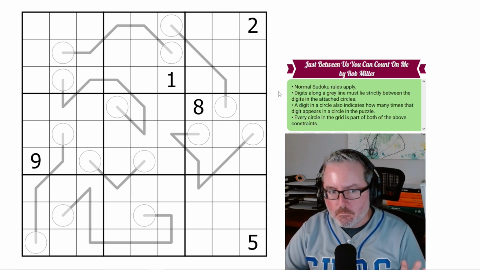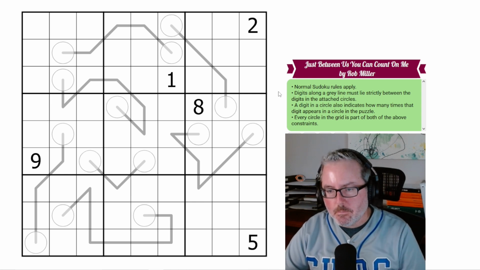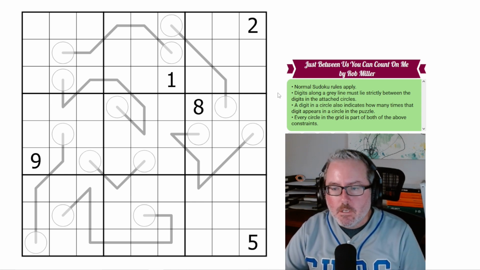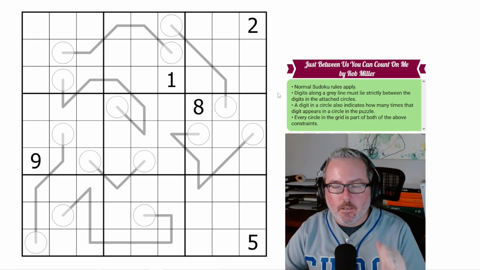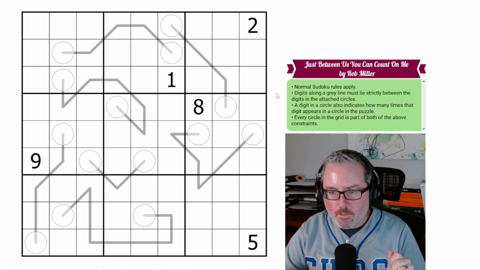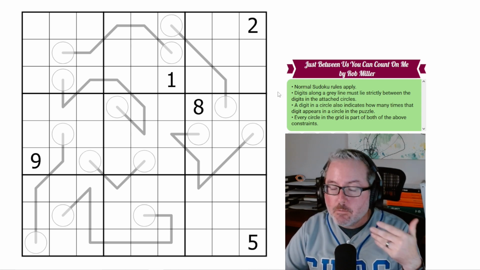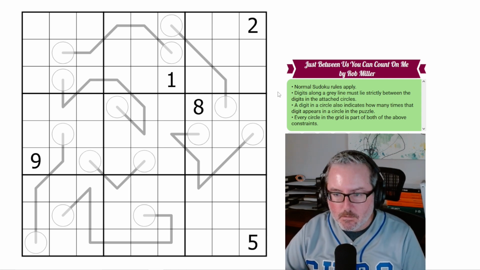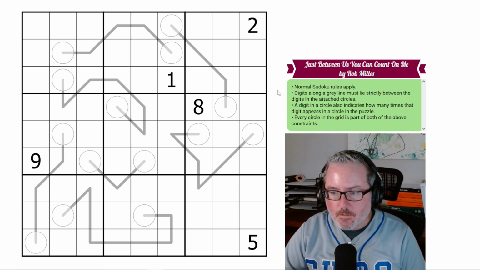I don't like to discount a written rule. It's usually why you'll see in any of my videos when I write out the rules in the descriptions, I always go exactly by what the puzzle setter has done because I don't want to influence what is being put down in those rules or change them in any way, which may affect the actual puzzle itself. So every circle in the grid is part of both of the above constraints.